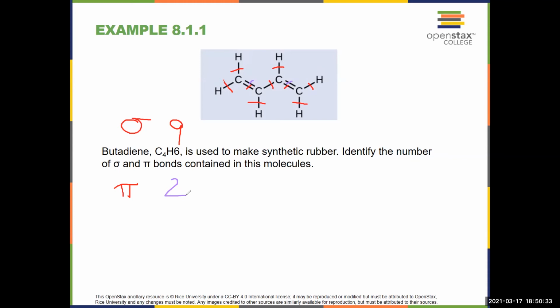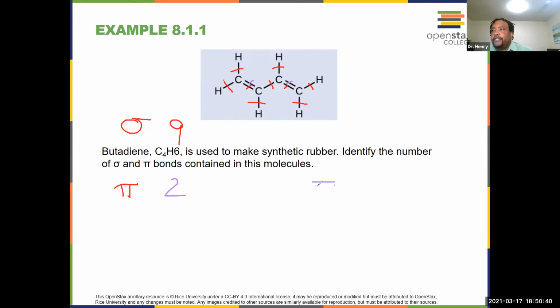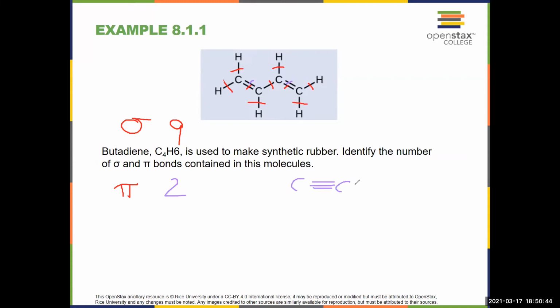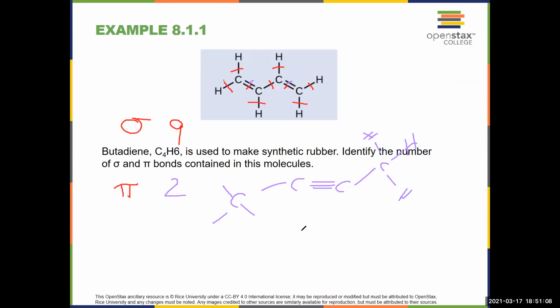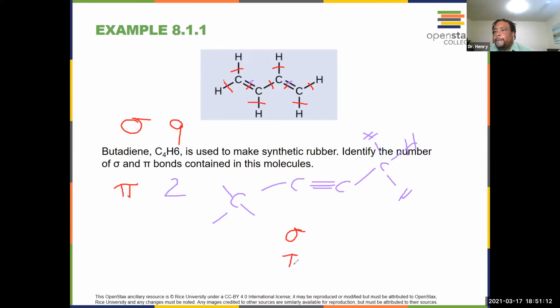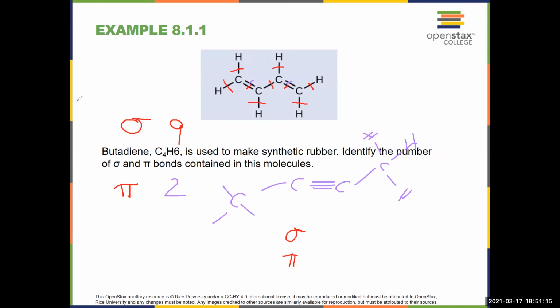Kind of. So if it was a triple bond, if it was like this, okay, so this guy would be how many sigma and how many pi? 8 sigma.